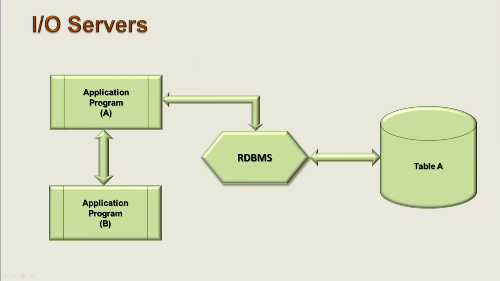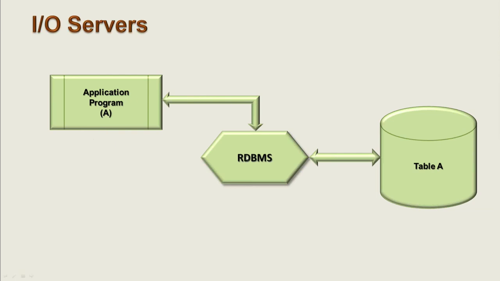Then application program A, oh, by the way, that particular request, where this arrow sits here, has created a thing called an open data path. It's opened a data path to table A. It has created a file definition table in the PAG.